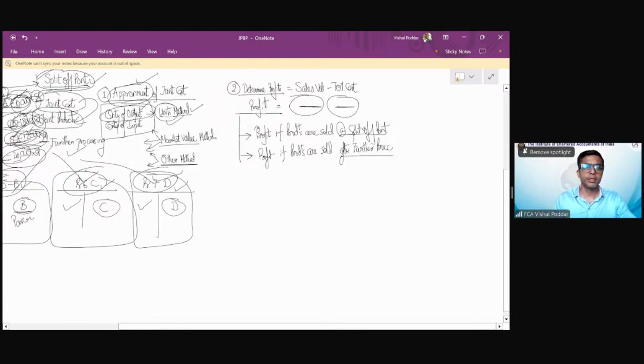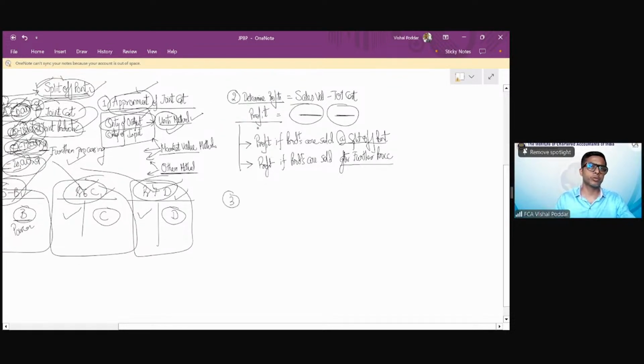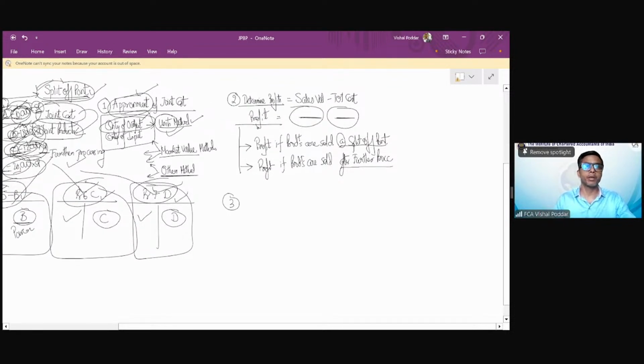And then since now you have two stages to sell the product, that is, you have option, the next question will come is, what should I do out of these? Decision making will be whether products should be sold at the split off stage itself, right?